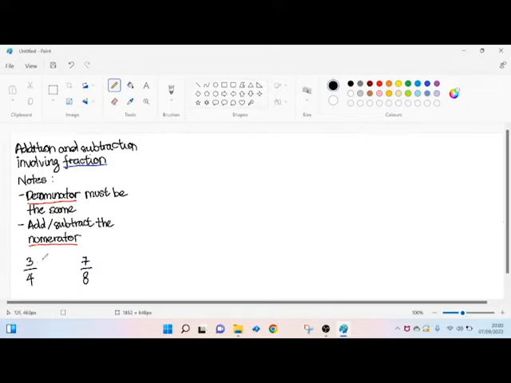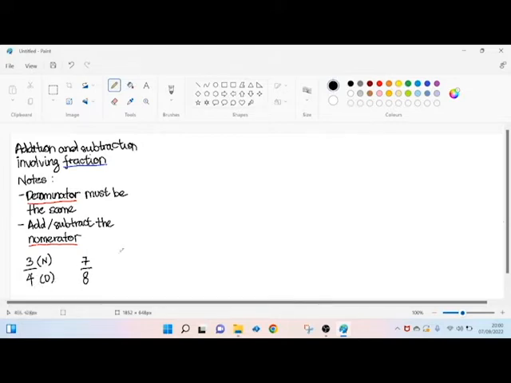So 3 is the numerator. And then the 4, of course, if this one is the numerator, it means the 4 is the denominator. We can say that the number on the top, we call it a numerator, and the number at the bottom, we call it a denominator.